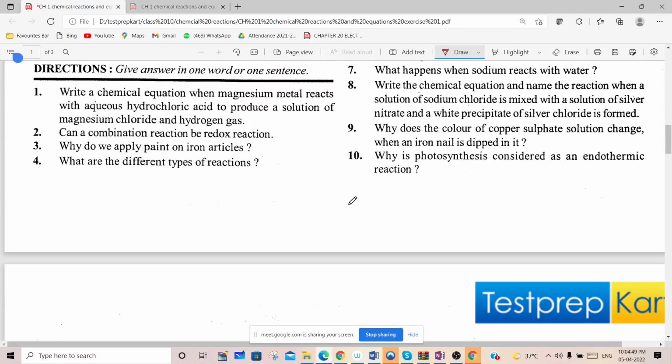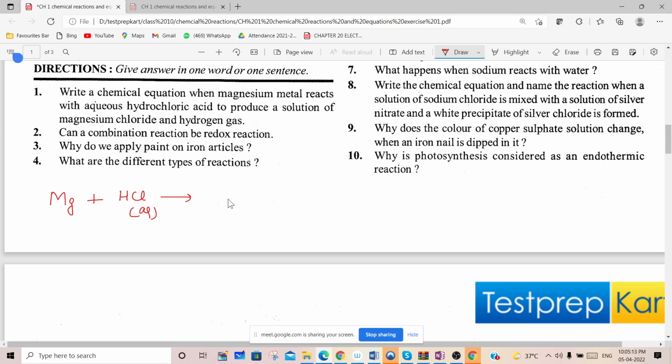Okay, come to section number 1. Write the chemical equation when magnesium reacts with aqueous hydrochloric acid to form a solution of magnesium chloride and hydrogen gas. Magnesium means Mg, with hydrochloric acid HCl.